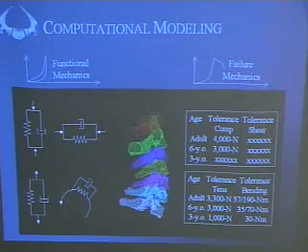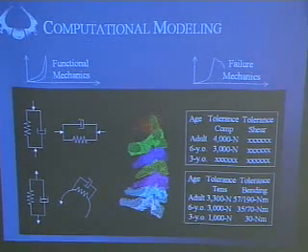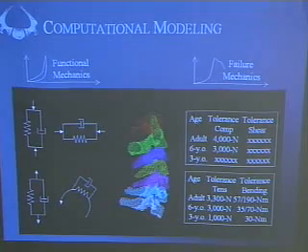So we put these dummies into cars, crashed the cars, and we used one number for all of these criteria, for each aged individual. And I'd like to show you throughout this talk that we've gotten a lot more sophisticated since then.